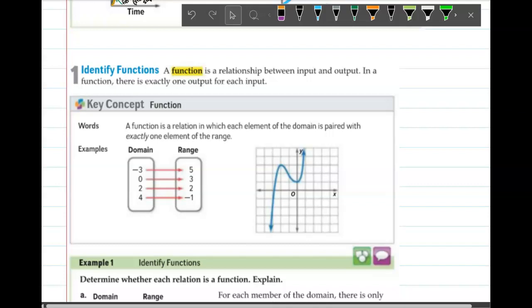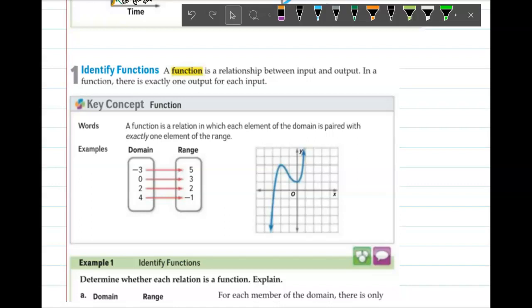Finally, how can we tell if a relation is actually indeed a function? Well, an example that Mrs. Keith actually used a few years ago that I really like is if you think about a vending machine. A vending machine has different buttons on it usually, like buttons 1 through 8. And if you push 1, you get Cheetos. And if you push 2, you get Doritos. And if you push 3, maybe you get Skittles.